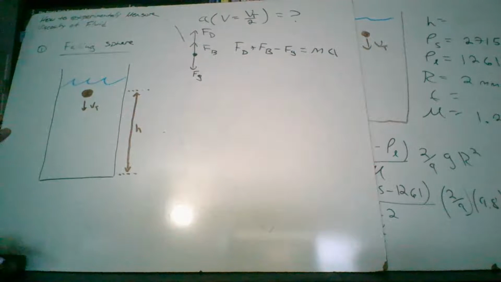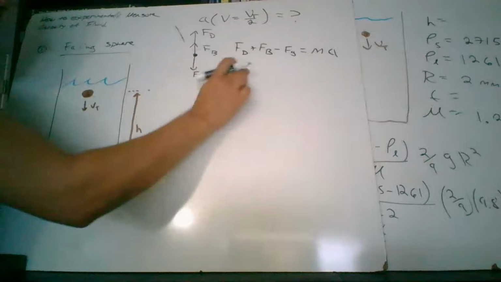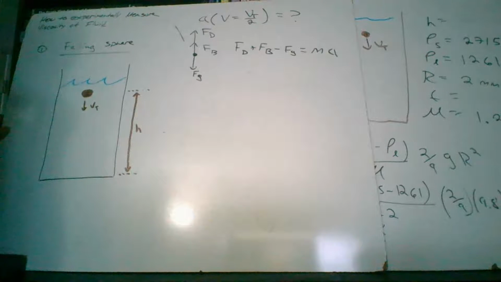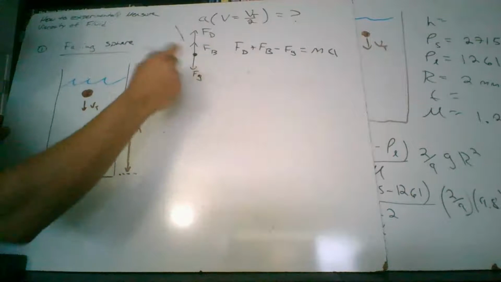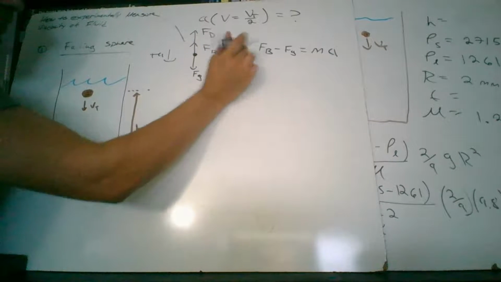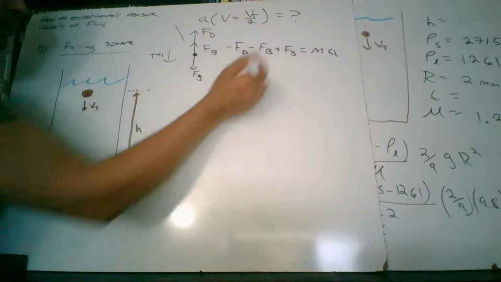And what can we do from there? We can rewrite some of this. So this is given by Stokes Law, which is 6 pi, let's see. I'll actually call down to be positive. Let's call down to be the positive acceleration. So we'll make this negative, and this negative, and this positive.